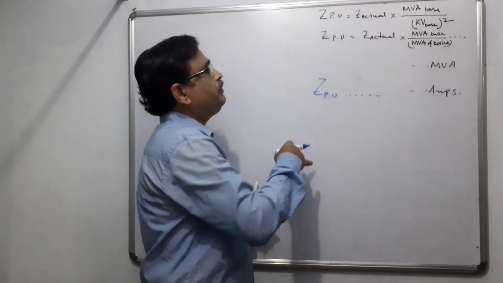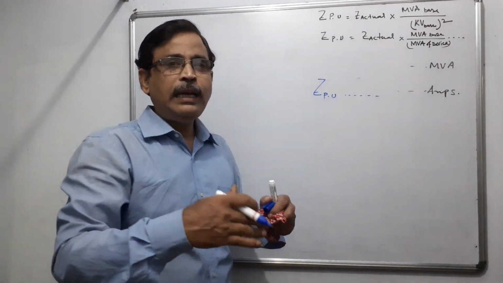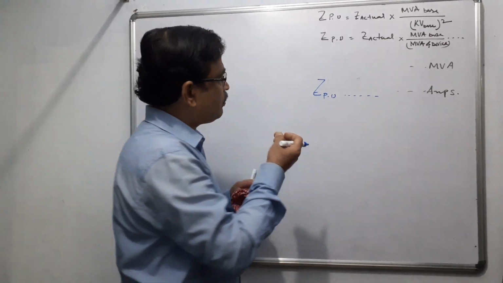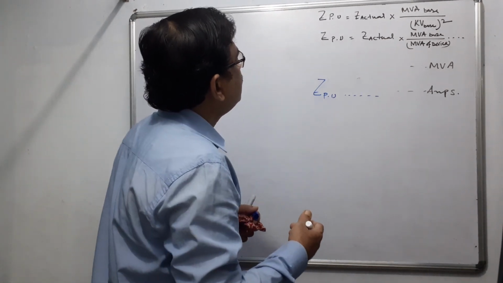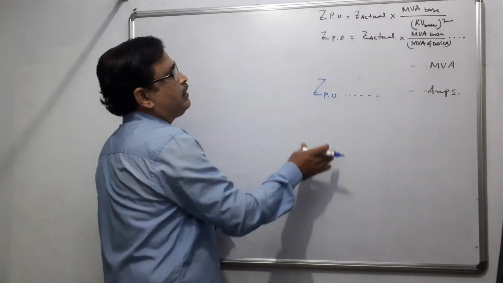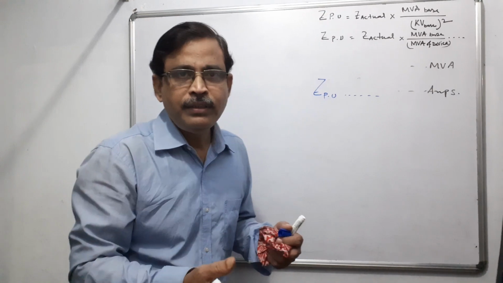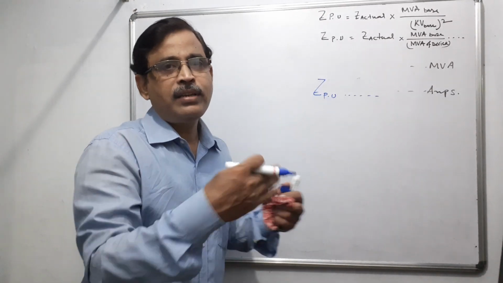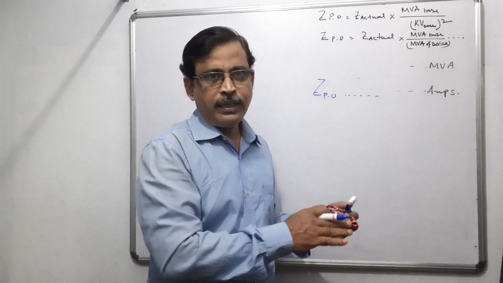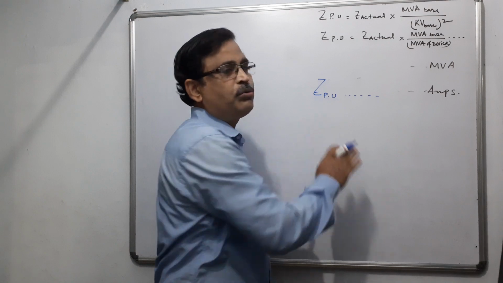Now, if we want to convert this per unit value to another base quantity, that is called change of base. First, one kVA and one kV is selected, and next time another kVA and another kV, and we have to convert this Z per unit from old base to new base.